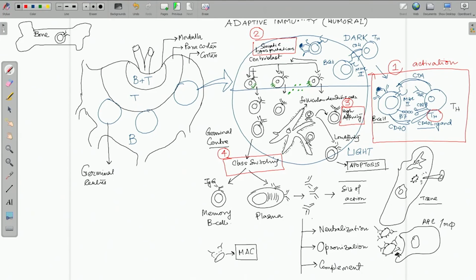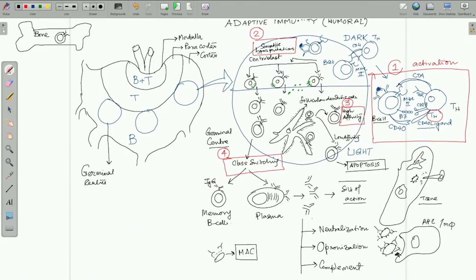The B cells primarily interact with the T helper cells. We discussed how the Th cells are produced, the activation of the T cells, in our last lecture. Now these T helper cells, by virtue of these interactions and some co-stimulatory interactions, lead to activation of the B cell. So, this is the first step, the activation of the B cells, which occurs in the dark zone assisted by the T helper cell.